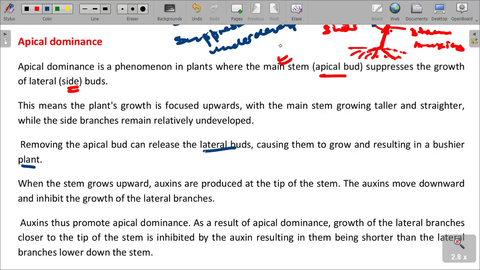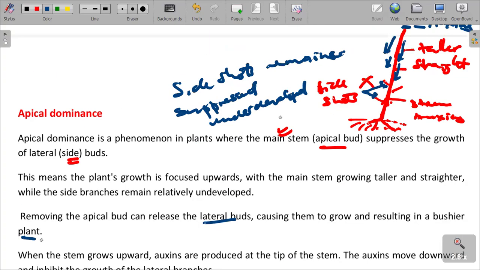This can also be an investigative question that you can sometimes see, where we have plant A and B. Say this is plant B, a different case.